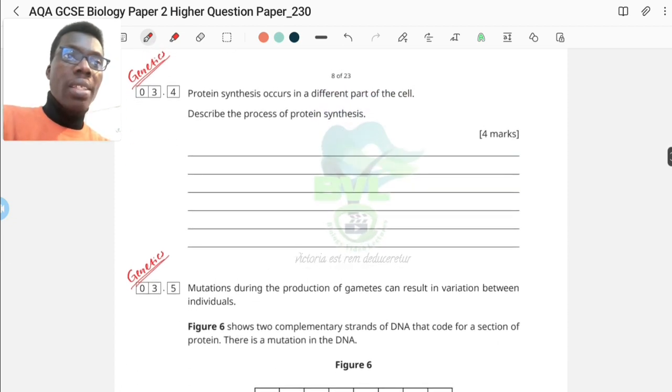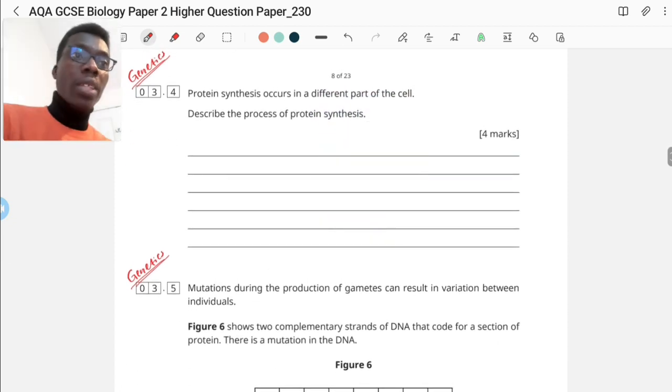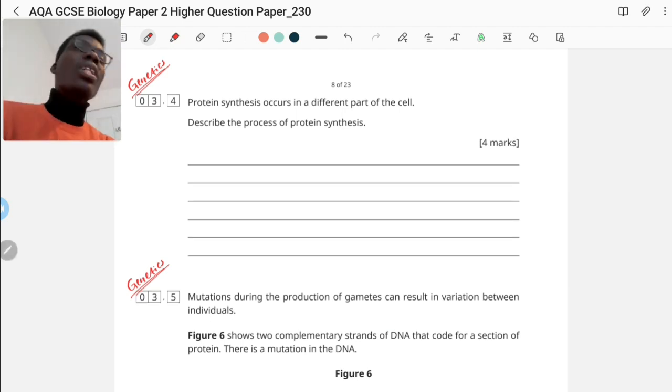Now, protein synthesis occurs in different parts of the cell. Describe the process of protein synthesis. Protein synthesis takes place by transcription and translation, but you can't just write it that way because there's a way you're meant to explain that. So let's do it this way.